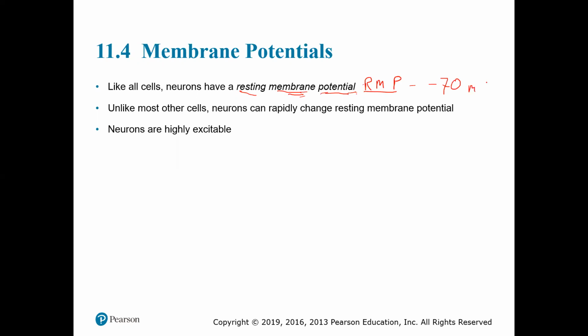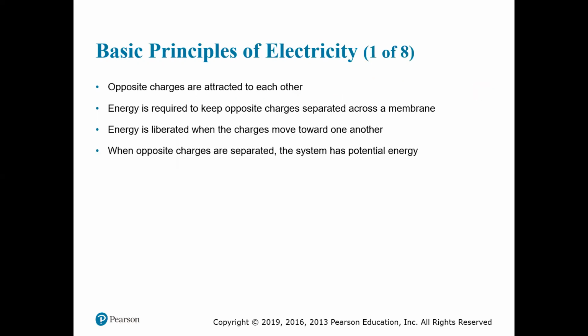It's very negative, right? All the sodium is on the outside. So the inside contains those large protein anions, which give the inside of the cell that negativity. It has nothing to do with the potassium being positive inside, so that doesn't add to the membrane potential. It just helps repolarize, which you'll see.